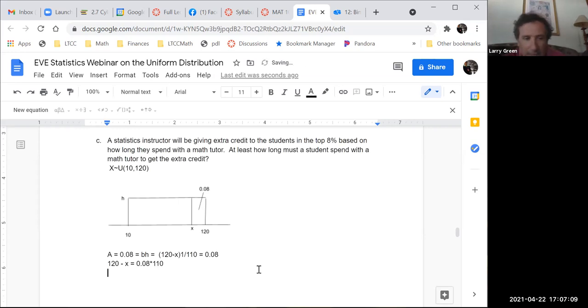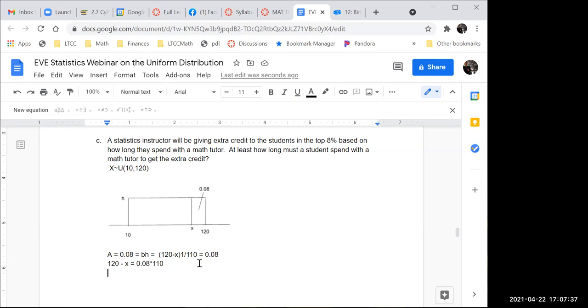Okay. Now it gets a little different, but not too bad. How do I get rid of the 120? Not add 120, but subtract 120.